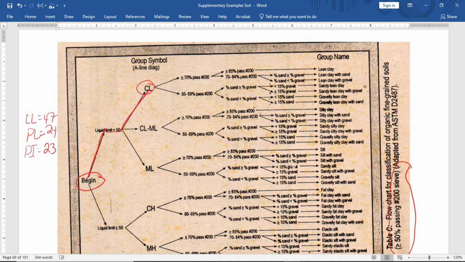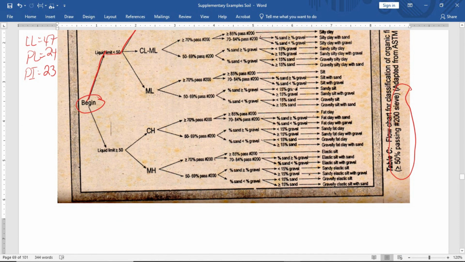Ngayon, may dalawa tayong if more than 70% passing or from 50 to 69% pass sa 200. Pupunta tayo sa 50 to 69 kasi ang passing lang natin is 63. Pipili ulit tayo: percent sand is greater than or equal sa gravel, or percent sand is lesser than percent ng gravel. Since di pa natin na-solve yun, solve muna natin.